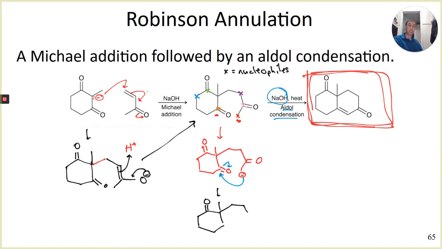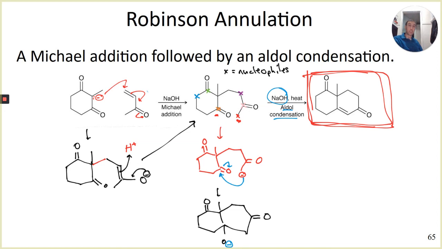Carbonyl, ding, ding, ding, ding. I drew that super ugly, but that's right. There's the negative on our oxygen. And there's that carbonyl still. We've now done the aldol equivalent. Okay, this would be our ketol, if you wanted to call it that.